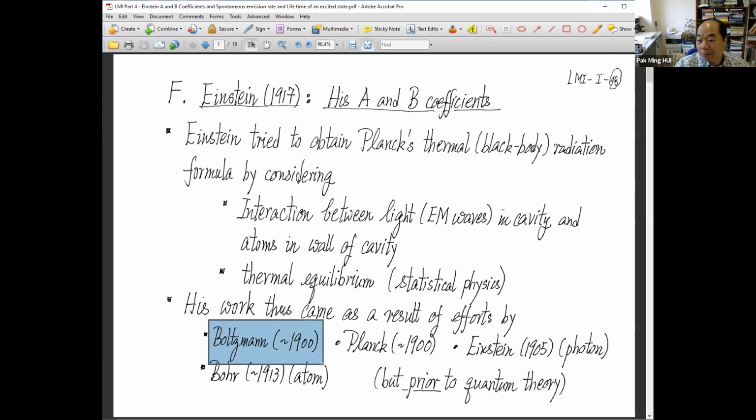So we know some standard results, for example, the Boltzmann factor that I think most of you have already learned in your 3000 level thermodynamics and statistical physics course. A few years forward, Bohr has his atom model.